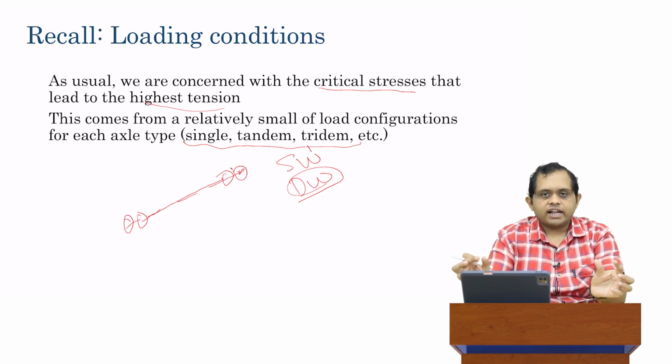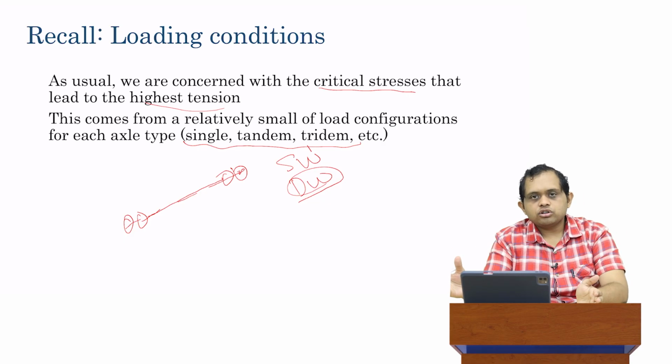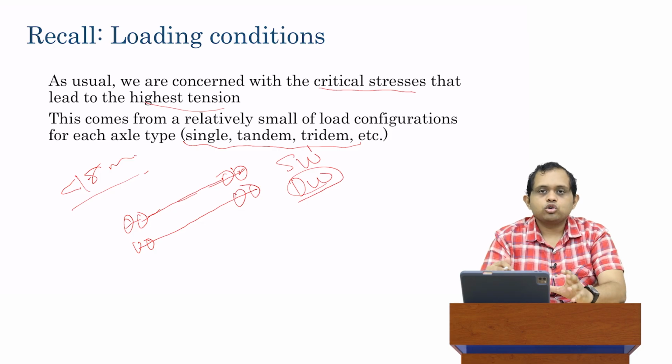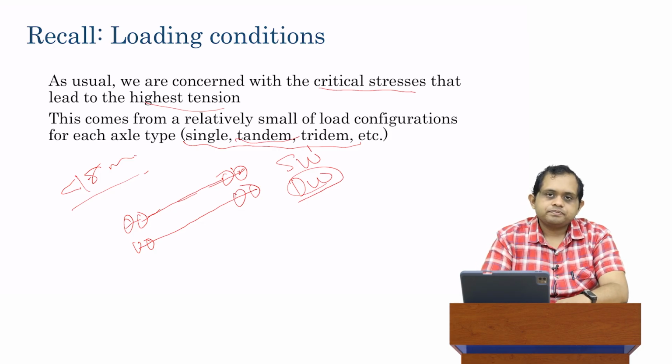We could have just this one axle, and it's possible the next axle on the truck is significantly far away, so that these two don't have to be considered together. However, for historical reasons, if the distance between two adjacent axles is less than 1.8 meters, this is Indian practice, then we consider them as a common axle group, and that's called a tandem axle.